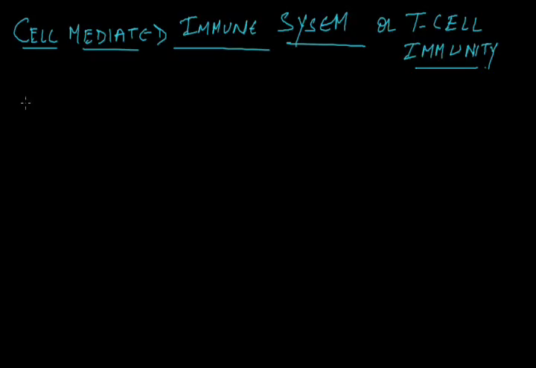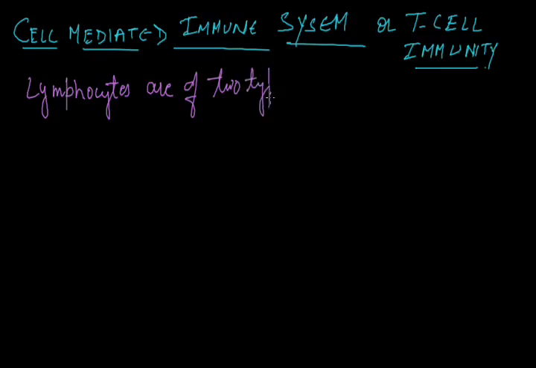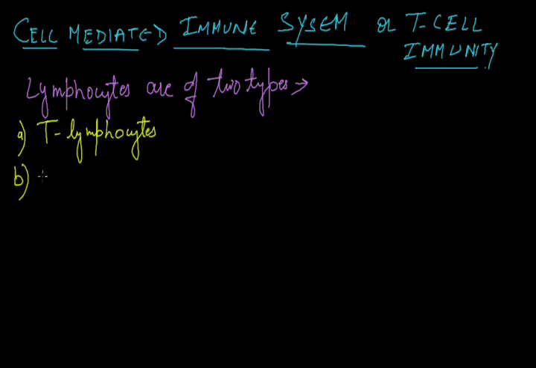The cell-mediated immunity depends upon the T cell lymphocyte. As we have discussed, lymphocytes are of two types. The first is T lymphocytes, also called T cell, and the second one is B lymphocytes or the B cell.